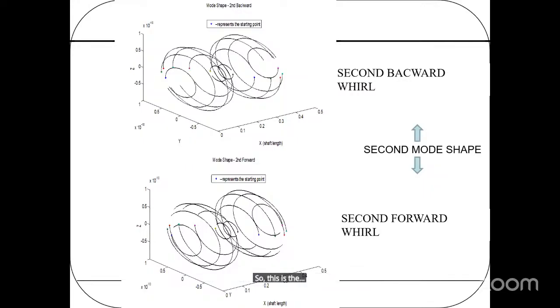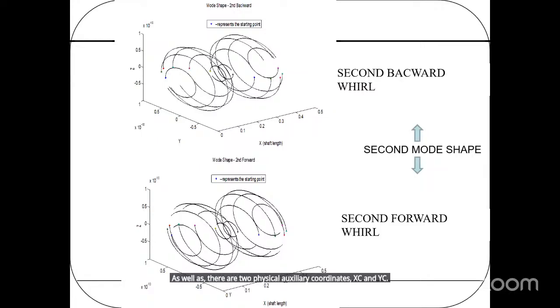I conclude here. Before conclusion, I can share some remarks on the Jeffcott rotor. So what are the conclusions? The Jeffcott rotor is the simplest model, and in this model there is one physical coordinate RC, as well as there are two auxiliary coordinates XC and YC.